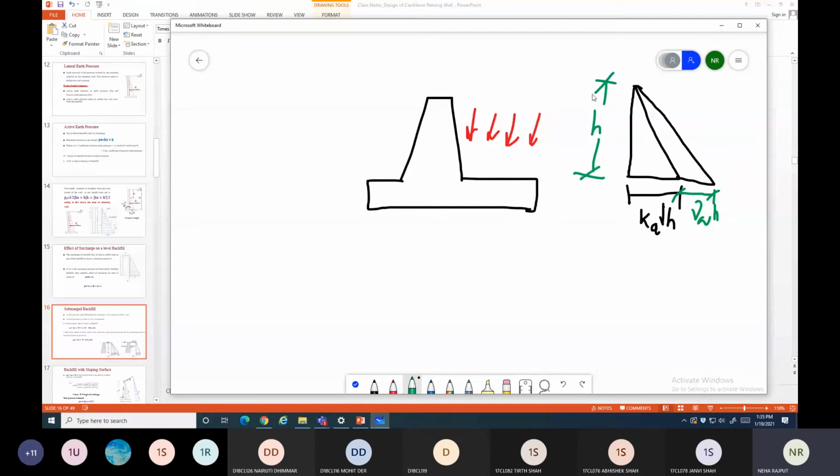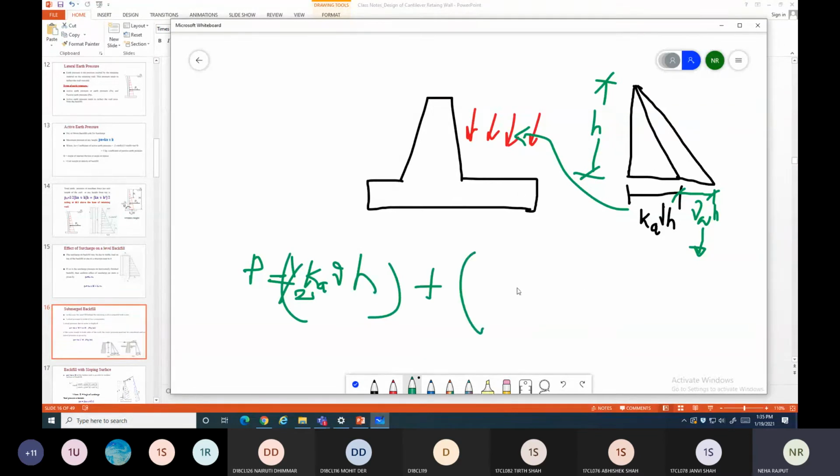Here we are talking about only the stem part pressure diagram. So Ka gamma H is due to the dry backfill, and gamma w H is due to the water. If you add both, the total pressure will be 1/2 K gamma into H plus, again, 1/2.